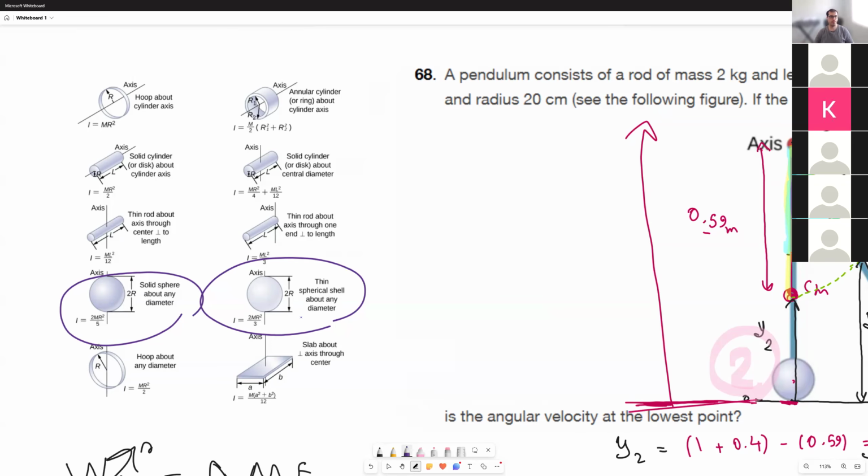What's the difference? They seem to be a sphere, right? Which one should you choose? Anyone?